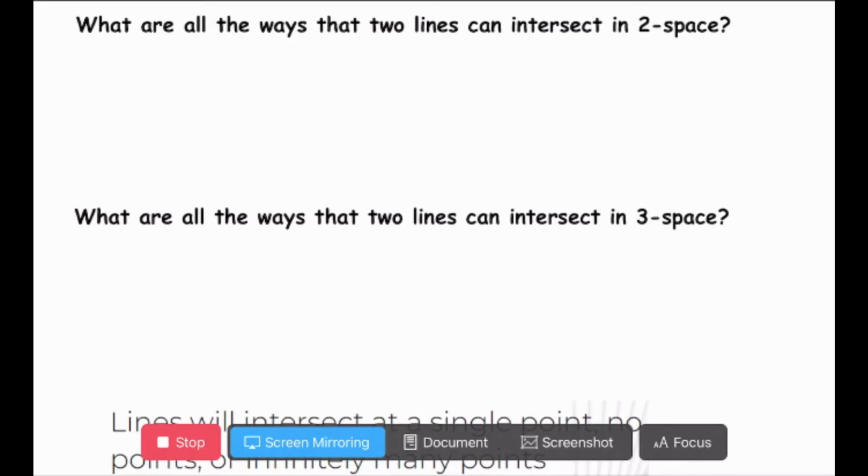Once again, just like you did at the start of grade 10, we can have a unique solution. So there is one point of intersection.